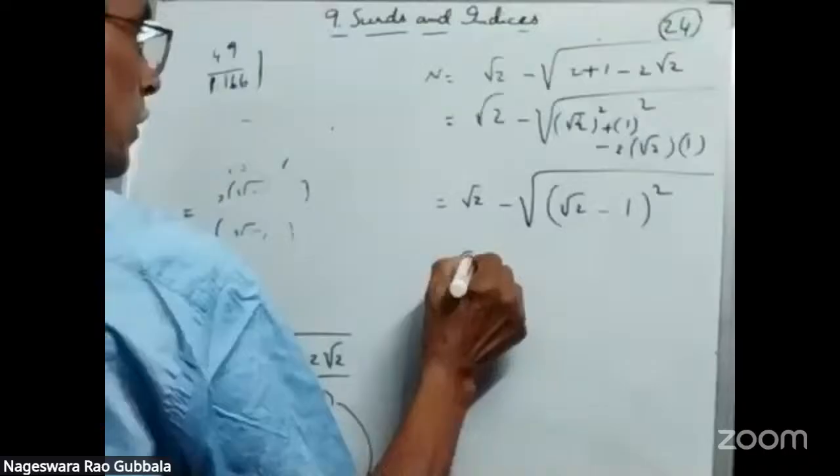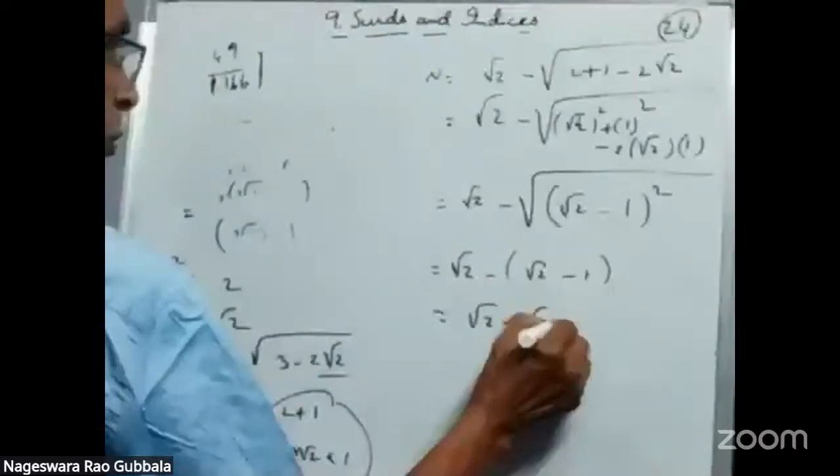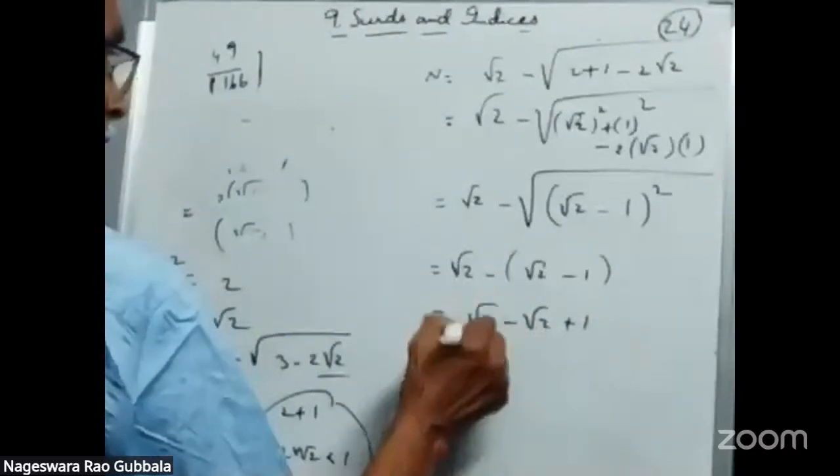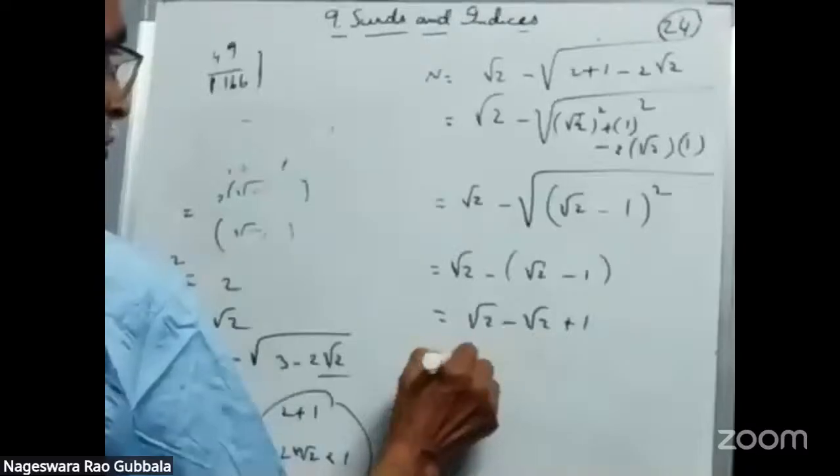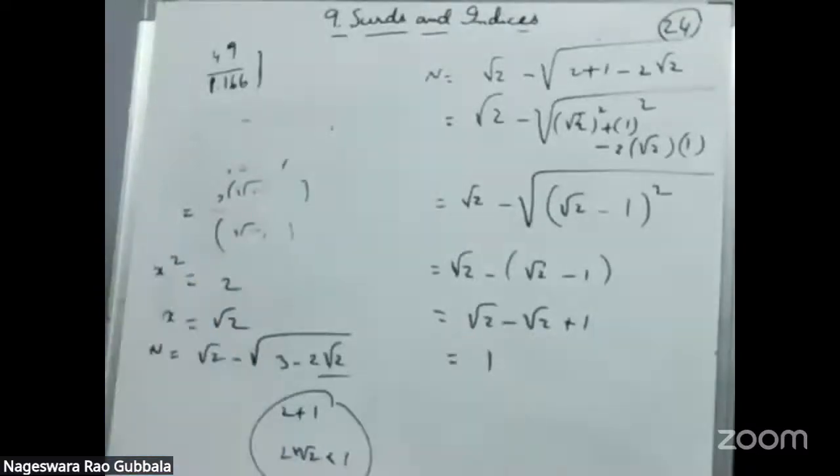Of course, here bracket. So root 2 minus root 2 plus 1 goes. Value of given expression is 1.